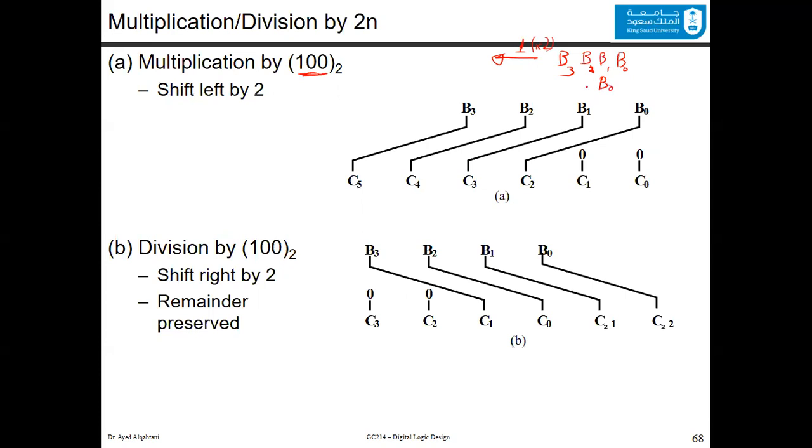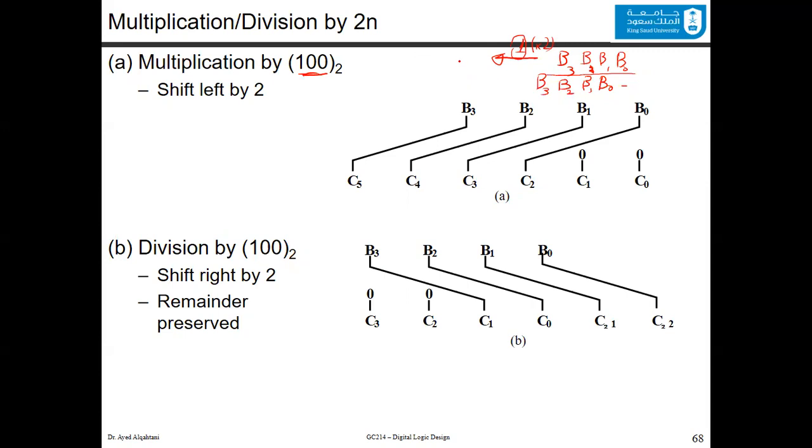So if you make b like this, you shift it to the left by 1 position. It's like you are multiplying b by 2. So this is the original b, and now this is the resulting b after shifting by 1 bit. This number is the original b times 2. Each time you shift by 1 position, you are multiplying by 2.